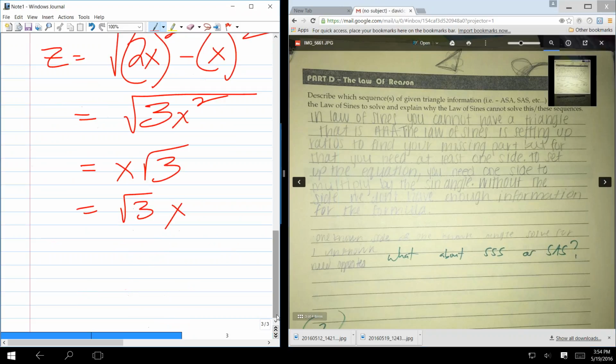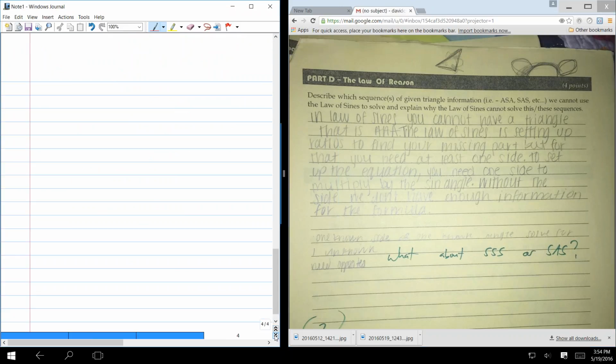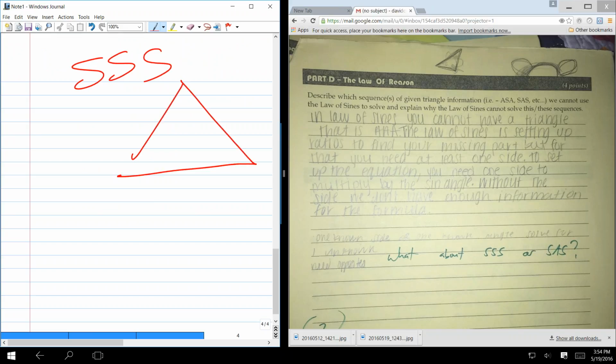I'll take my best shot at this problem. You obviously cannot use the law of sines on side, side, side. Why? Because you need an angle. Yes, you have to have an opposite angle side relationship.